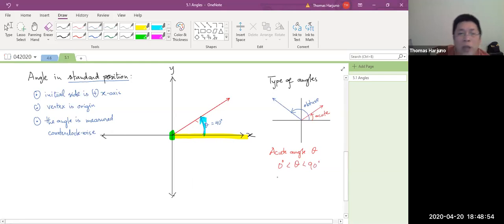An obtuse angle means theta is greater than 90 but less than 180 degrees.